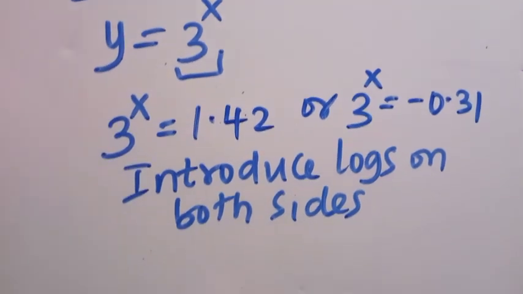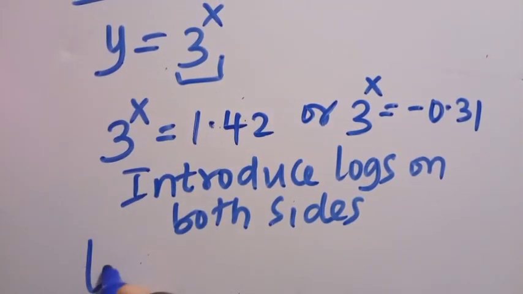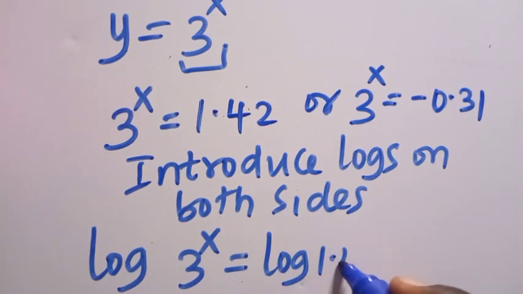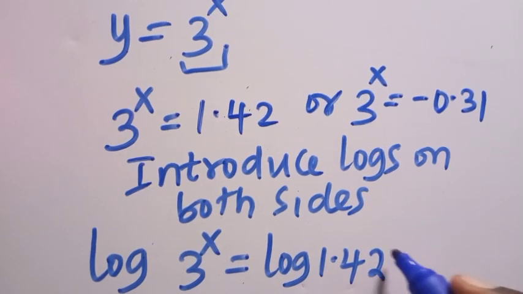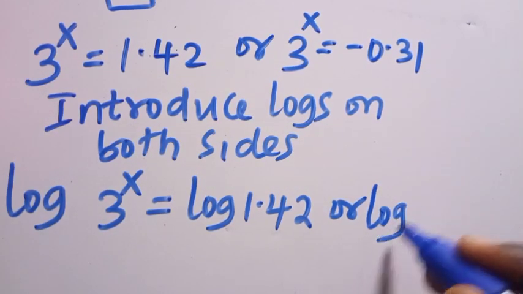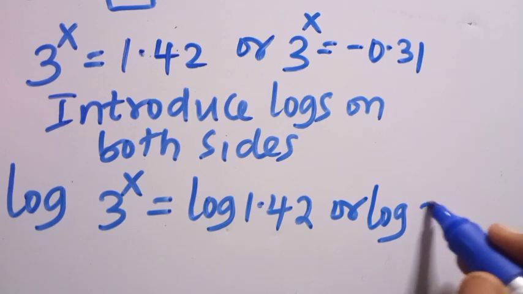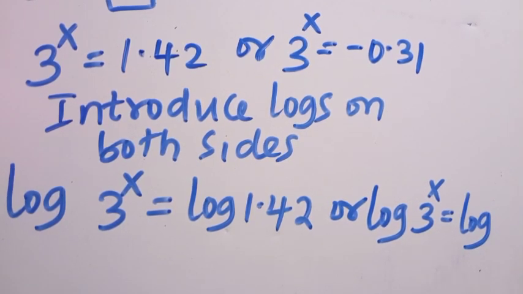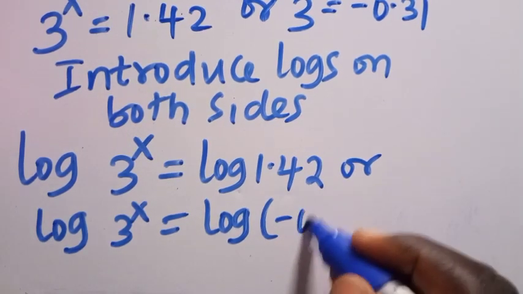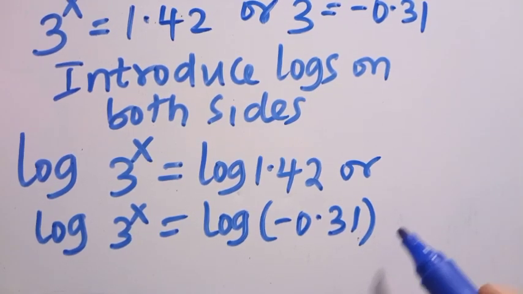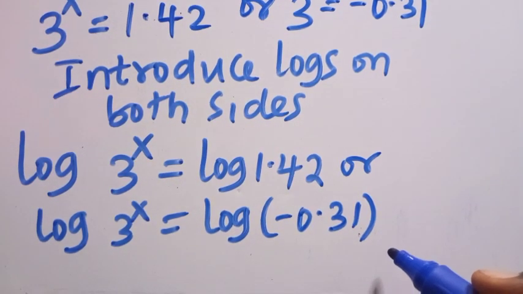Now, that means we shall have the logarithm of 3 raised to x equals the logarithm of 1.42, or the logarithm of 3 raised to x equals the logarithm of negative 0.31. Now, since we don't have a logarithm of a negative number, it is impossible to get a logarithm of a negative number.